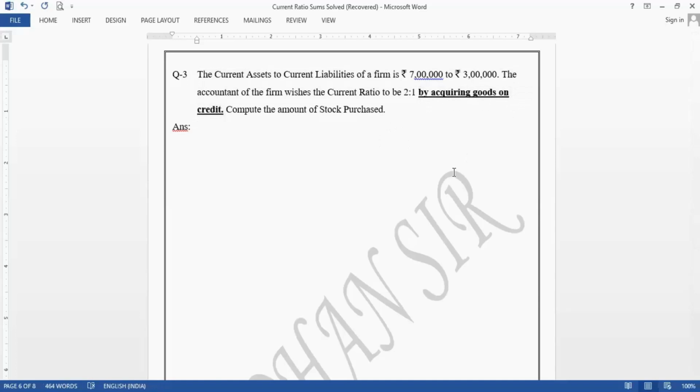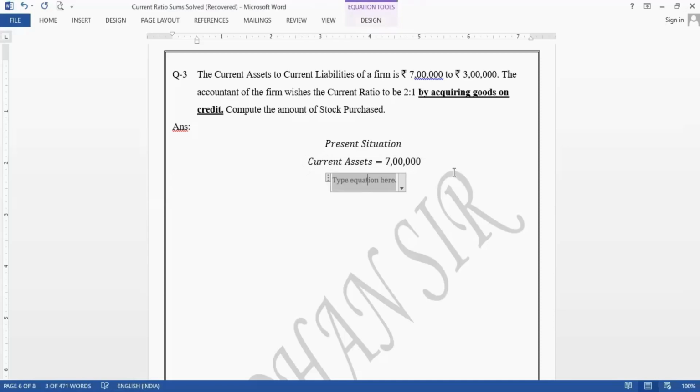In the same way as we have solved the previous sum, let us put the present situation. In the present situation, we all know that current assets is given to us as rupees 7 lakh. Current liabilities is given as 3 lakh rupees. This is the present situation, right?